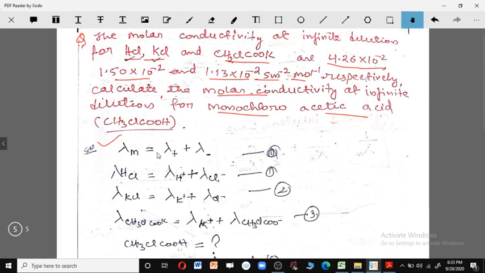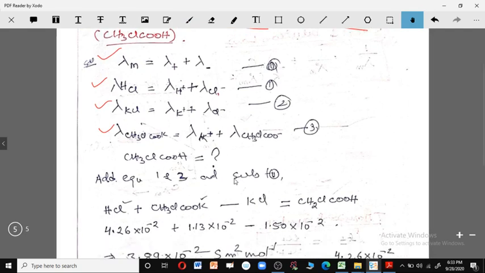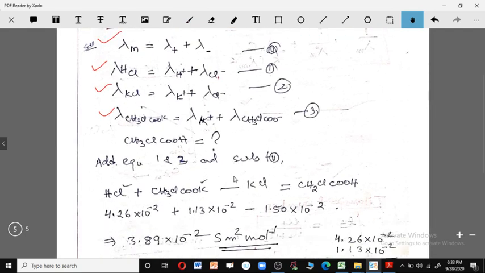If you dissociate HCl, H plus and Cl minus, you will get equation number 1. If you dissociate potassium chloride, similarly. As in the last calculation, add equations 1 and 2 and subtract.